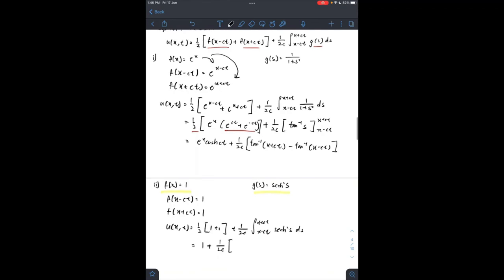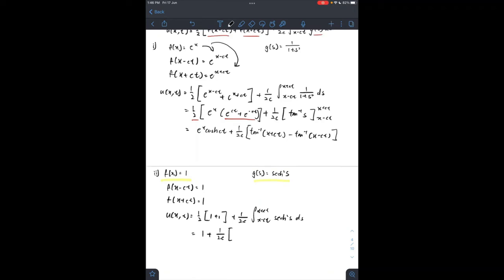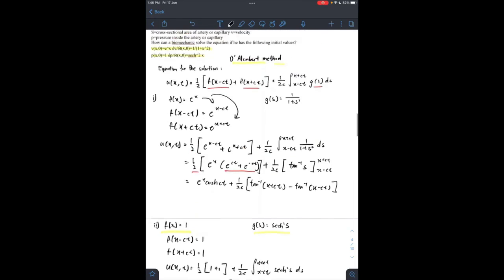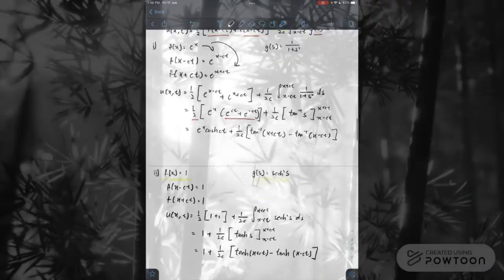After we integrate the hyperbolic secant x, we will get the hyperbolic tangent x. So we need to substitute the value into it, minus tangent. So this is the final solution for the second equation.